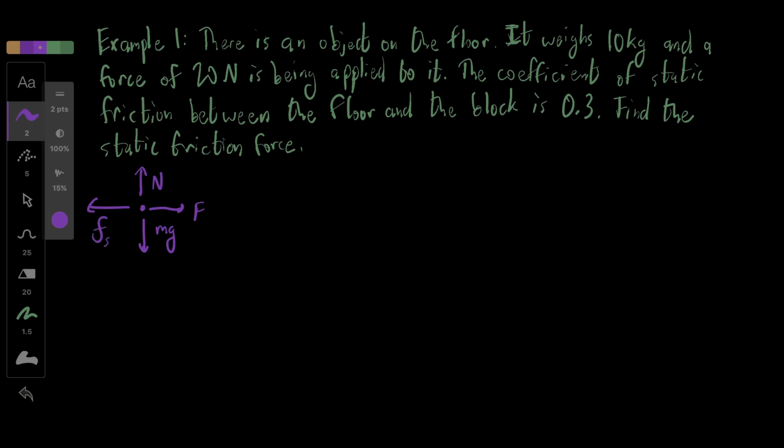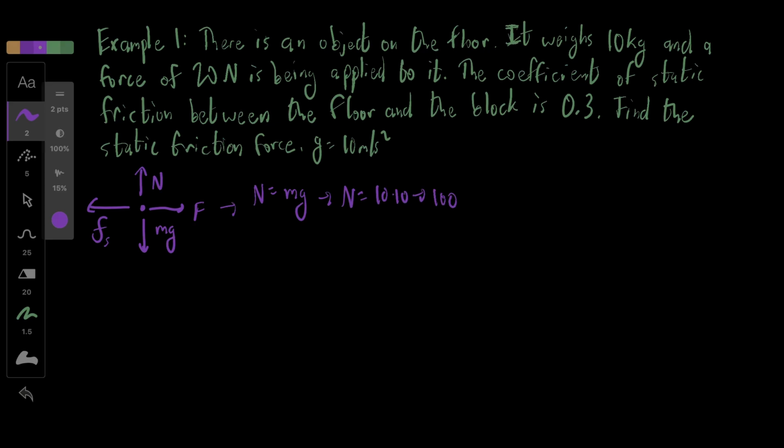Now, since this object is not floating or sinking into the ground, the normal force is equal to the weight. And if we're assuming g is equal to 10 meters per second squared, where either way it doesn't make a difference to this problem, then the normal force will be 10 times 10, or 100.